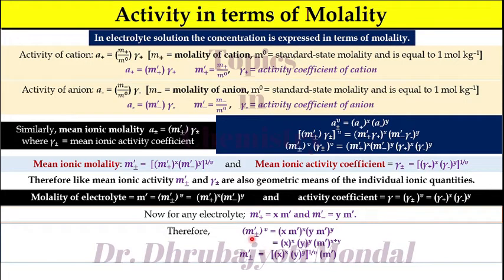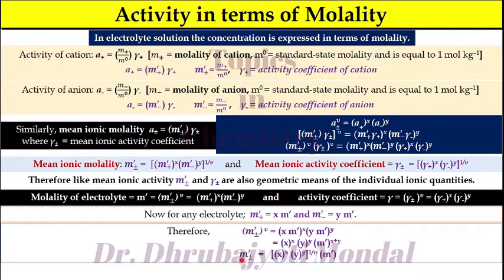So how you can write m'± to the power ν equal to (x m') whole to the power x and (y m') whole to the power y. So you can write x to the power x, y to the power y, m' to the power x plus y.